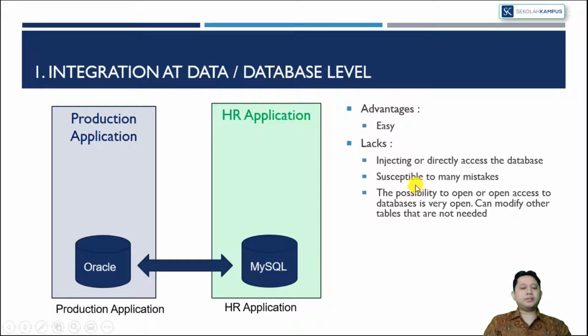Also, the drawbacks are about many mistakes, because if it's done by a human, by a DBA, they can more easily run a wrong query, or miss a field, or miss the table name. And then the drawback is the possibility of opening access to the full database, because other parties can modify or see tables that they actually don't need.